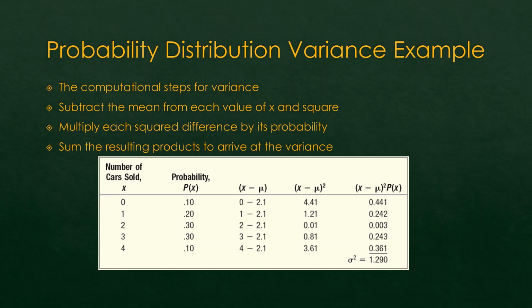And then also, in order to calculate the variance, you're no longer dividing like you did previously. You are multiplying x minus the mean squared by the probability of occurrence, and then you're summing those together. So try this out a few times, get some experience with it, and yeah.